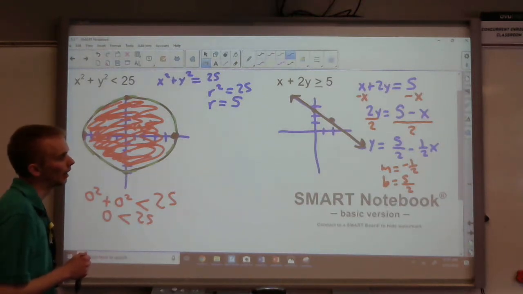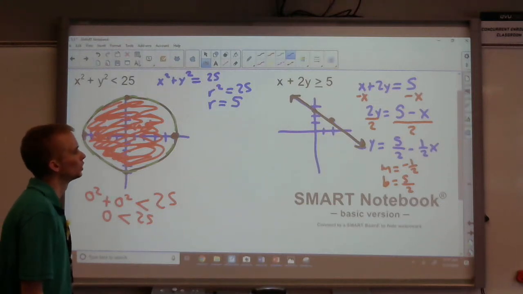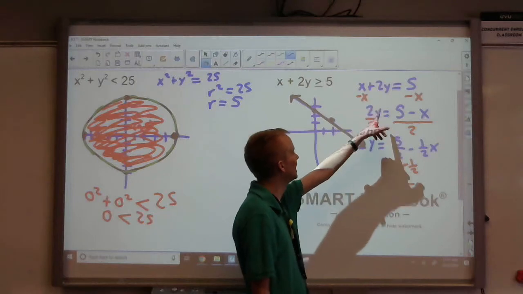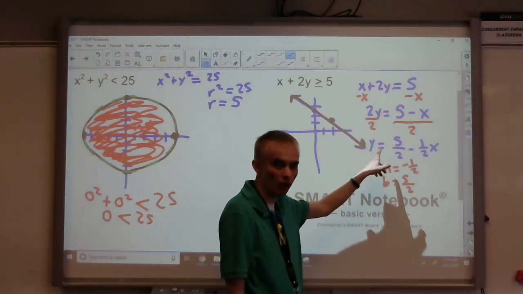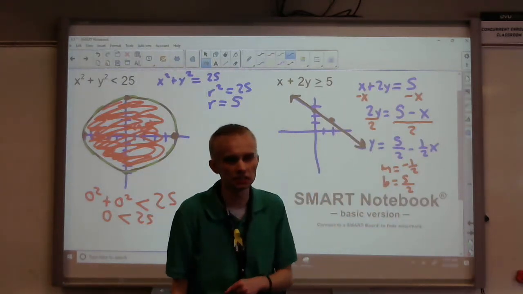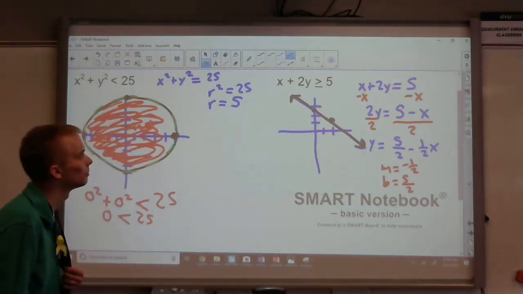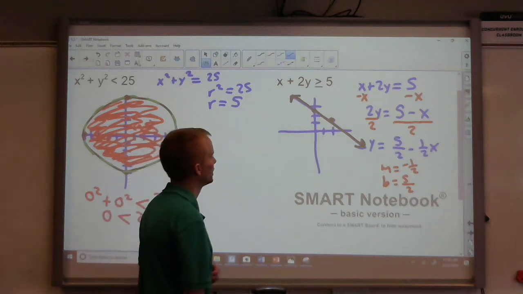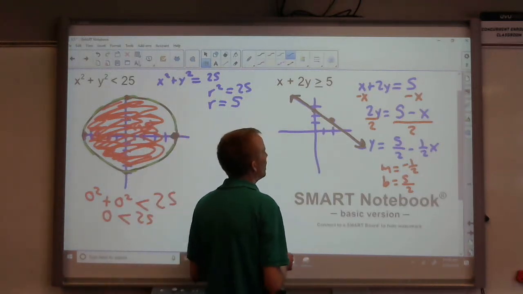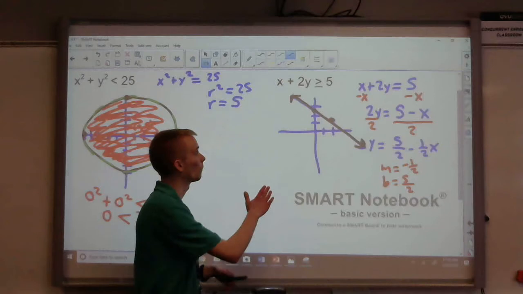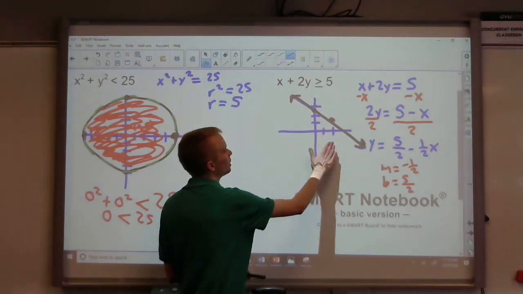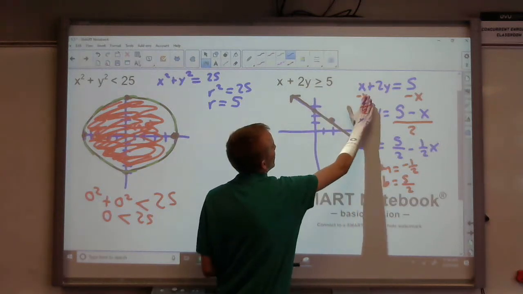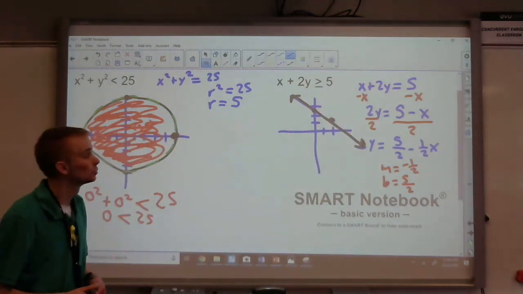And if you had kept this as an inequality, you could have solved the inequality for y, and then it would be easier to tell whether it would be on top or bottom. But I'm going to just do the same thing that I did over here. I'm just going to plug in a point to see what part works. It's either going to be the part below the line, or it's going to be the part above the line. I just need to figure out which one it is.